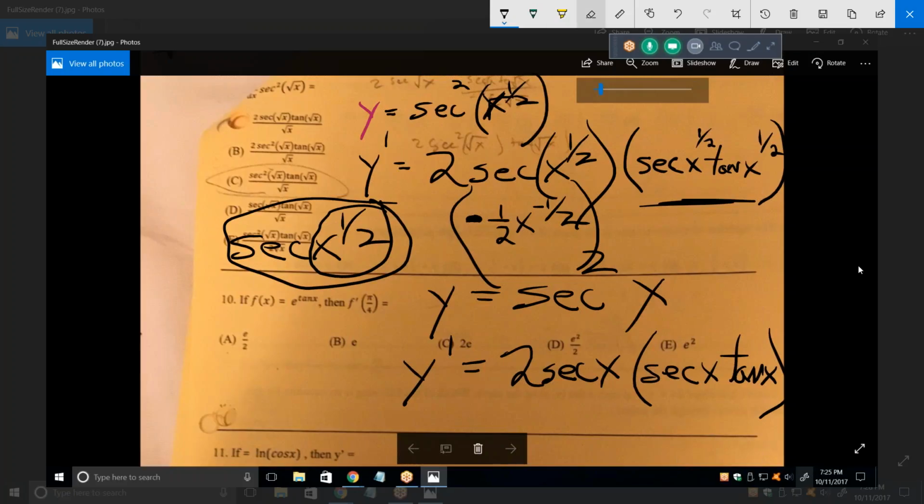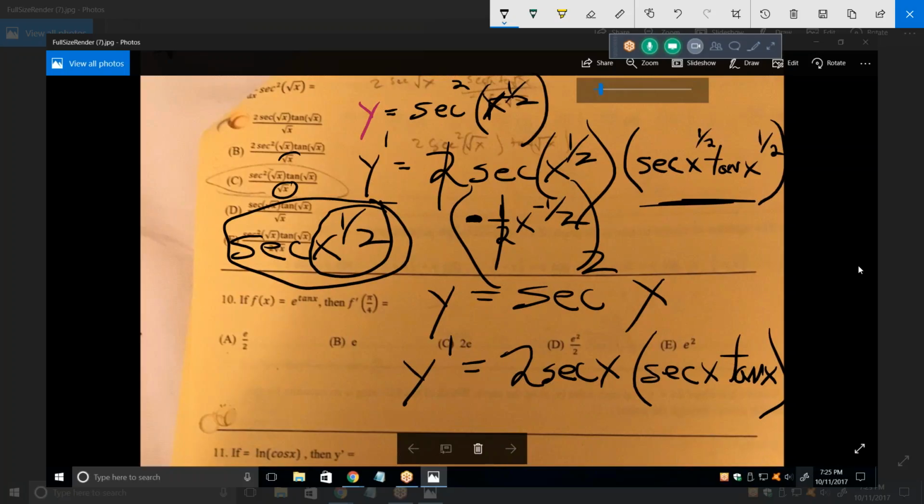Here, I think I can straighten it out a little bit for you. Do we have the answer here? Yeah, the answer is C. Notice the 2's cancel, so the bottom is just going to have square root of x. And the top is secant times secant.